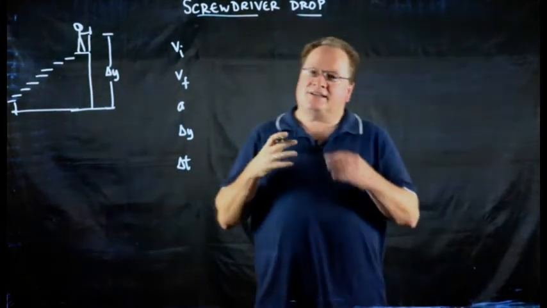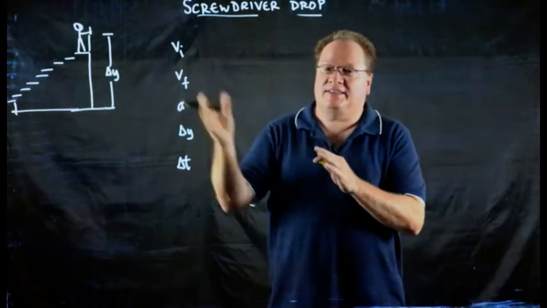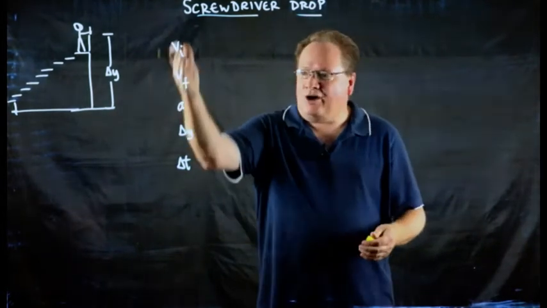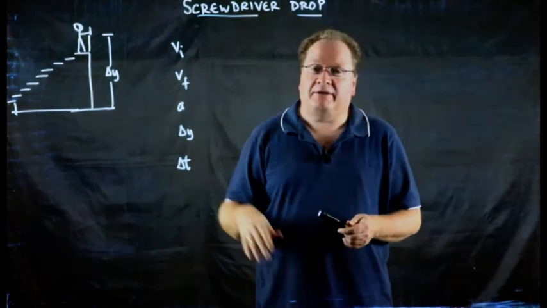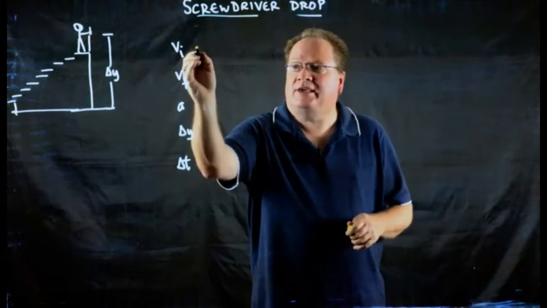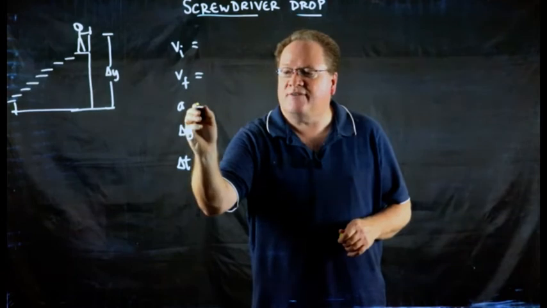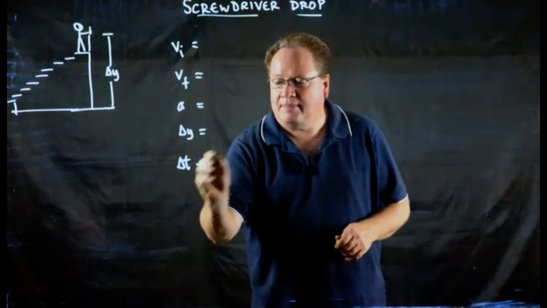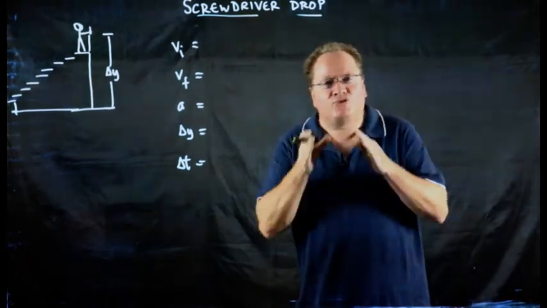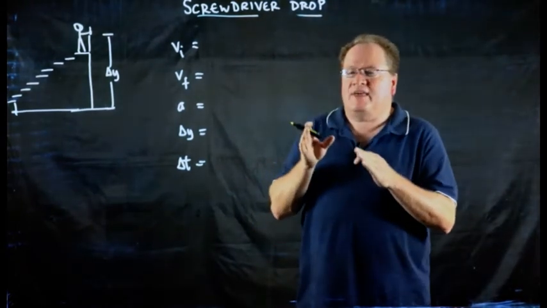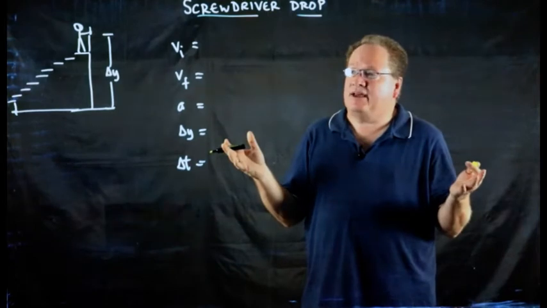Anytime I go into a problem that involves motion, I always know it's going to be these 5. I write them right off the bat, because this tells me that this is the stuff I'm looking for. So let's take these one at a time and ask ourselves, do we know what that value is, or do we not?